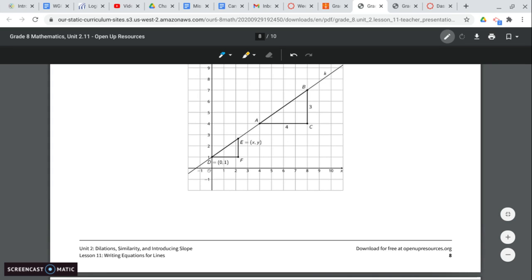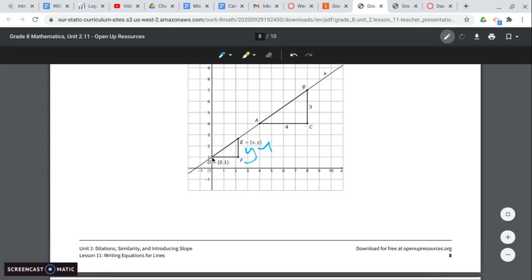So on our line here, the segment DF, if we look, it's 1 away from the origin. So our y value that we have up here at E isn't the exact vertical value that we're going to have. It's a little different. It's going to be 1 less than what E is. So this side will be labeled y minus 1.